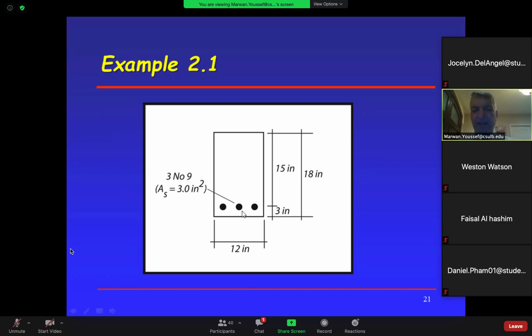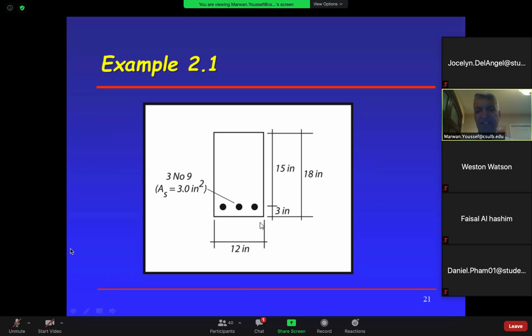This cover distance is either 3 inches or 2.5 inches, depending on the bar size, and we will look at that. If this is 18 and this is 3, what is left? 15. This is from the center line of the bar to the top.